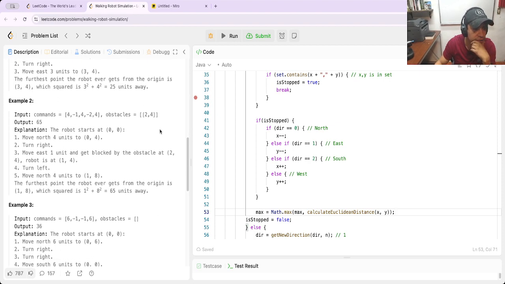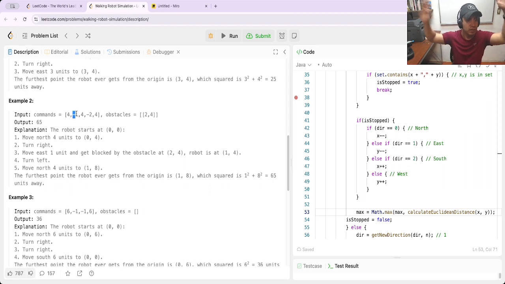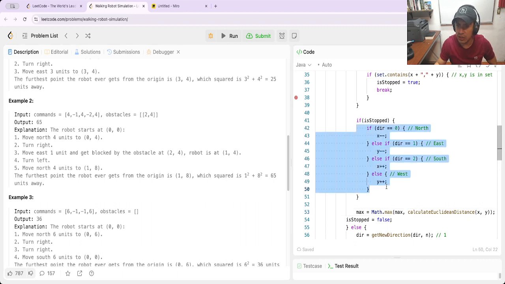Here, the robot is starting at 0, looking to the north. Okay, turn right. Now move to the east 1 unit because it turns right to this direction. Okay, and it gets blocked by the obstacle at 2 and 4. Robot is at 1 and 4. Yeah, I am reducing this number. That means basically this is the logic.